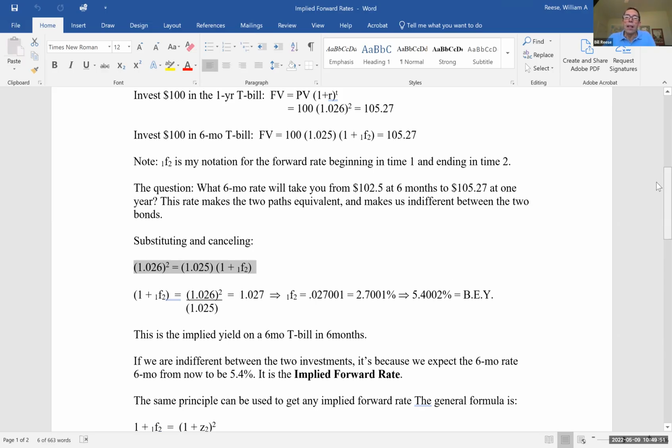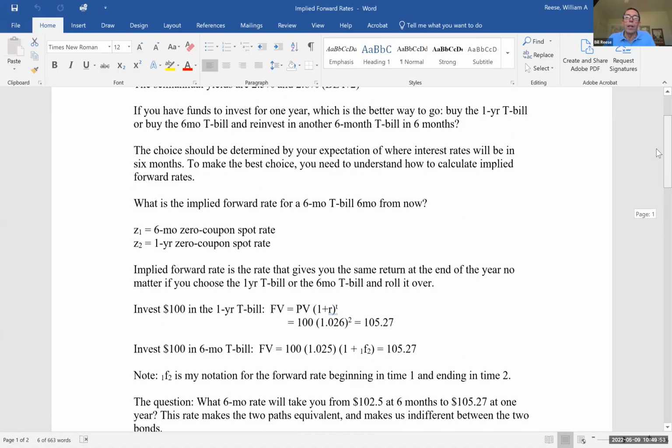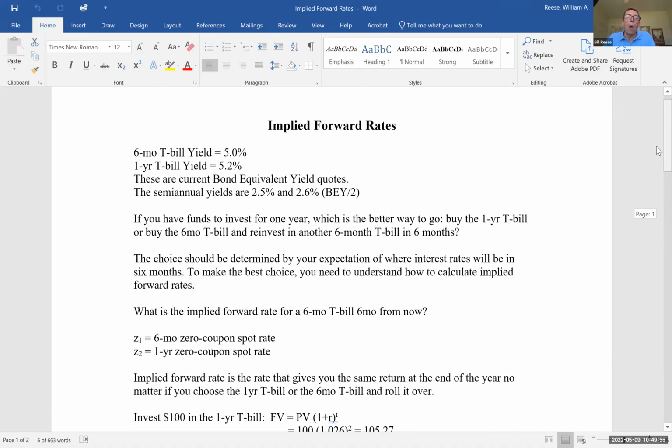Now, let's take a look at things here and see if we can understand this a little bit better. I want you to notice that as we look at semi-annual yields, going from 0 to 2 is 2.6%. Going from 0 to 1 is 2.5%, and we want to find what is it going from 1 to 2.